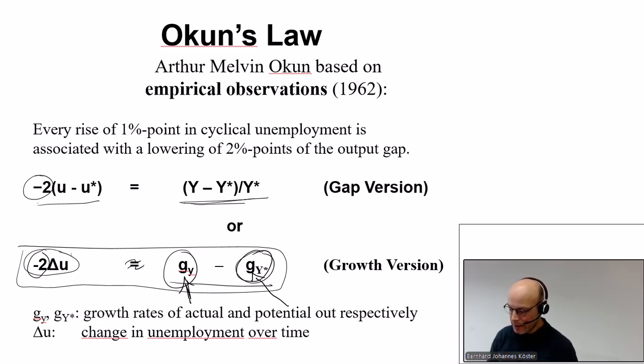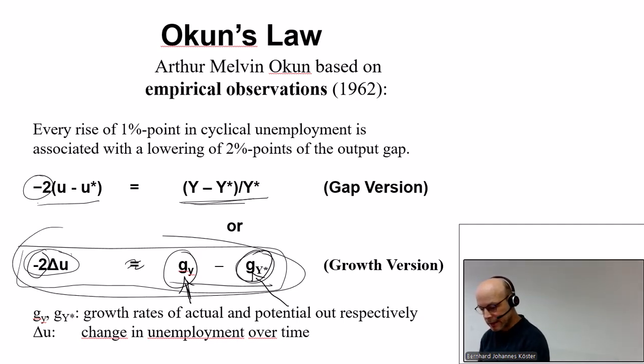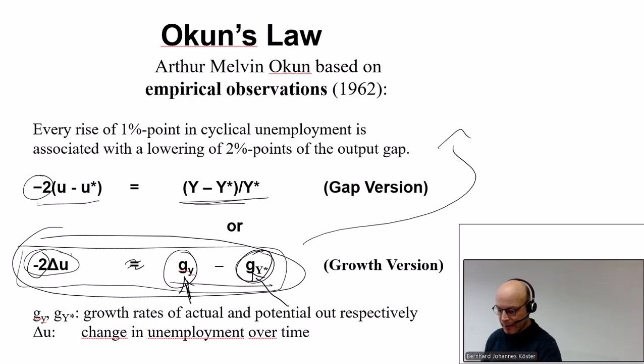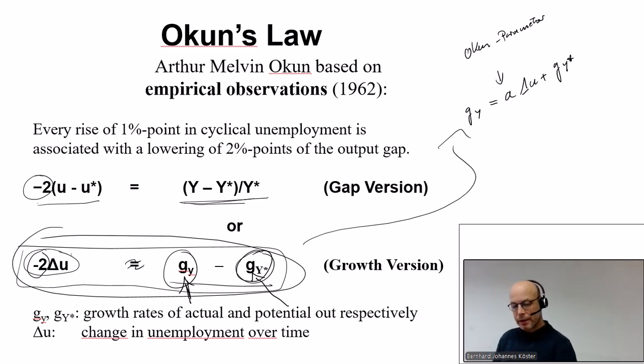If we then had a look at this theoretical model, then we can translate this into gy equals a, this would be the Okun parameter, times delta u plus gy star, and this would also be a parameter.